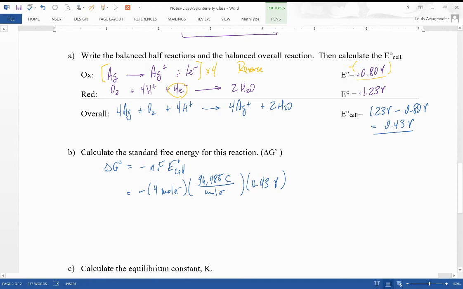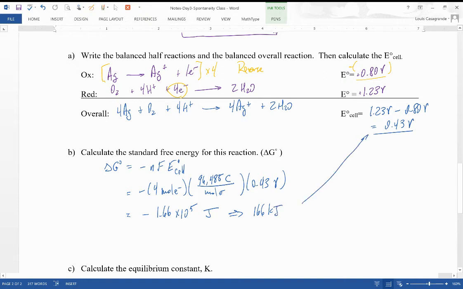And I won't cancel out units for you. You can do that for yourself. That equals -1.66 times 10 to the 5th joules. A very spontaneous reaction. Notice this has a huge negative delta G, 166 kilojoules.